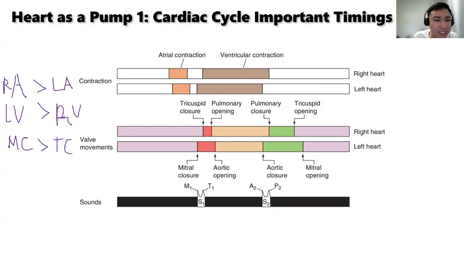So C means closure. So mitral closure occurs first before tricuspid closure. Pulmonary opening occurs first before your aortic opening. Your aortic closure occurs first before your pulmonary closure. Your tricuspid opens first before your mitral opening.